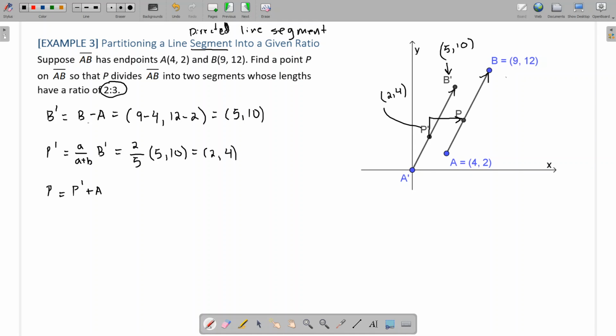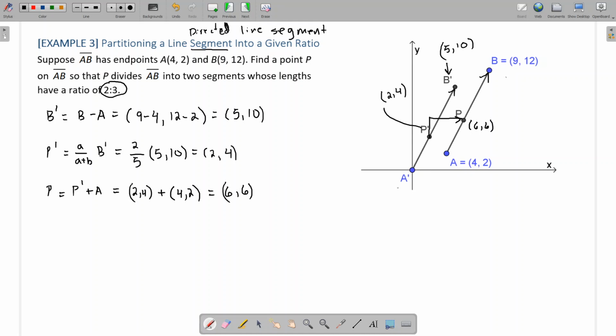We subtracted A to get back to this line segment. We're going to add A to move back to the one that we want. So this was our P prime, so 2, 4, and then add on A. A was 4, 2. And that gives us the point 6, 6. So the coordinates for that point are 6, 6.